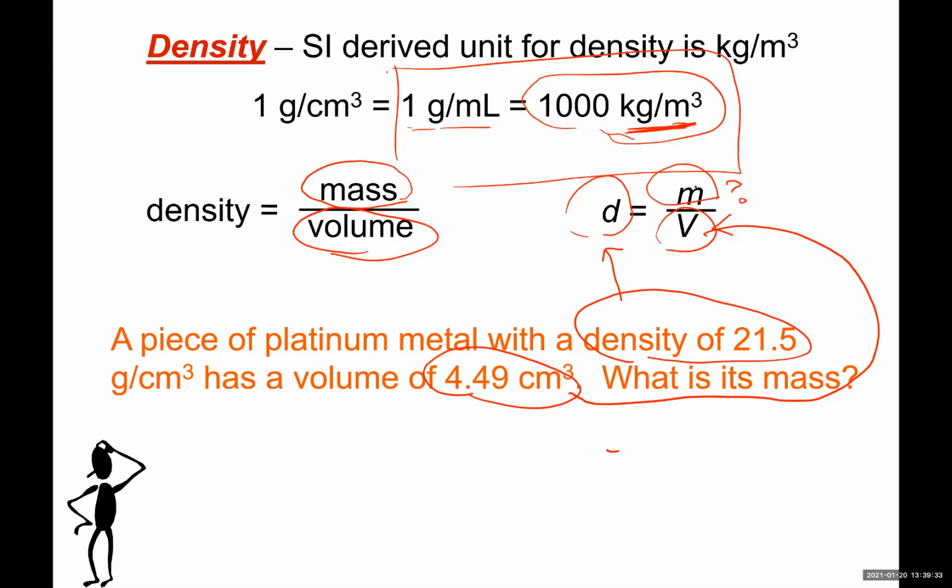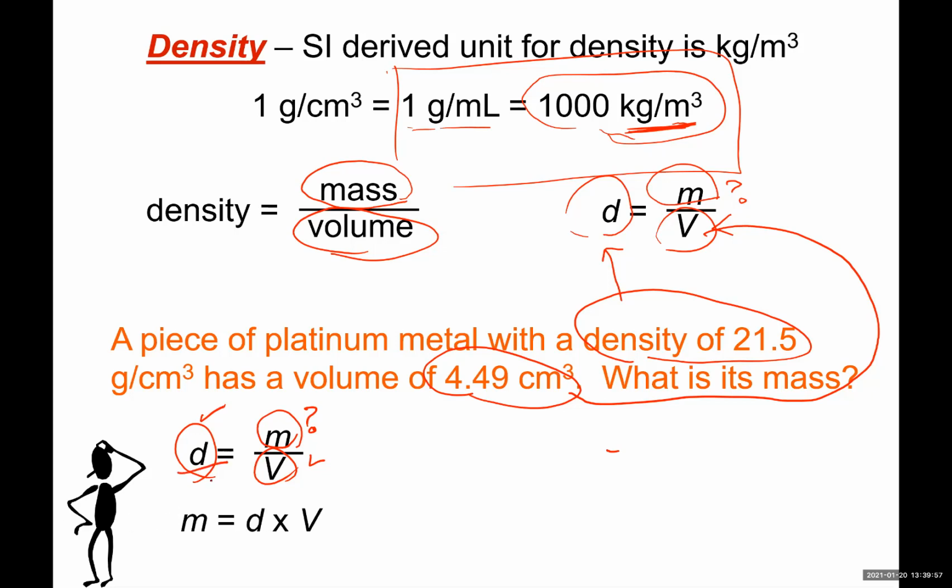How would you solve this problem? Would you say that density is equal to mass over volume? And what is not known is mass, but density and volume are already known. So can I solve this equation for mass?